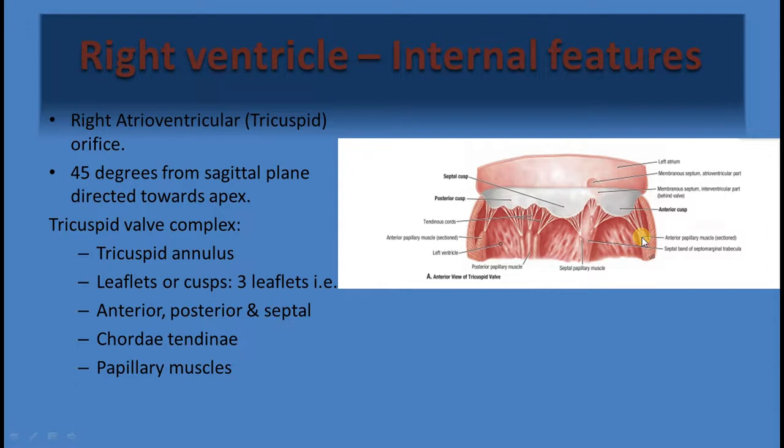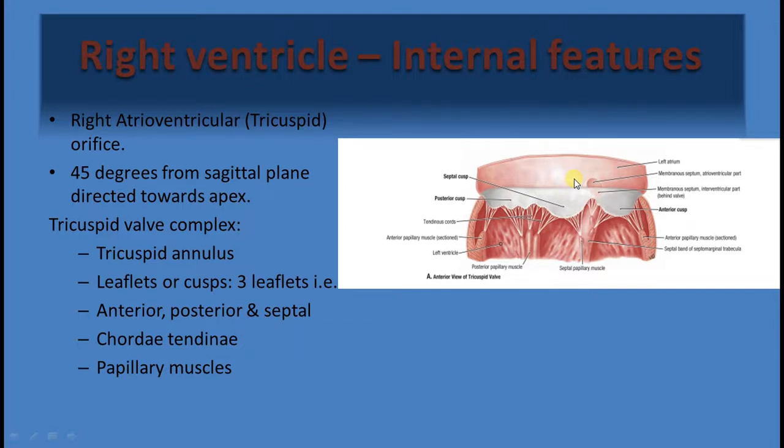Now look at the tricuspid orifice, it will allow the tip of 3 fingers. And the annulus is a fibrocollagenous ring or rim, mainly derived from the fibrous skeleton of your heart.